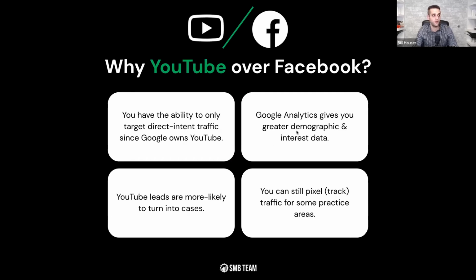Now, on Facebook, you can also show awareness ads. However, on YouTube, you have the ability to only target direct intent traffic since Google owns YouTube, meaning you can show your YouTube ads just to people who have typed in certain keyword variations on Google, because what they previously searched on Google carries over to their profile on YouTube.